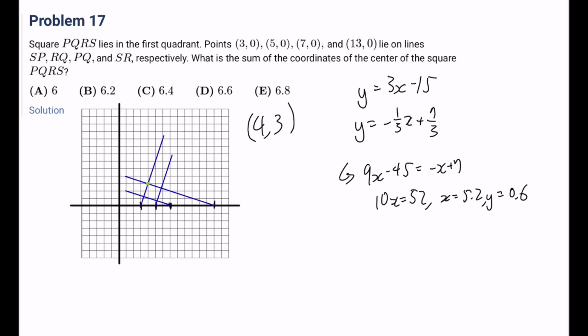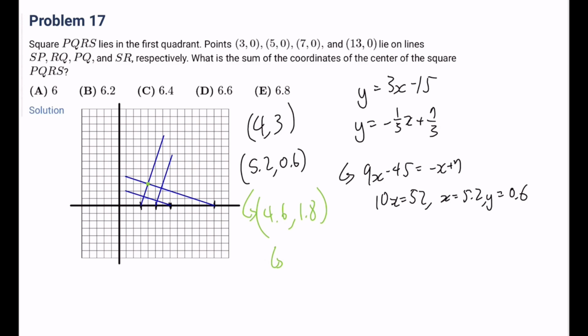So we have x equals 5.2 and y equals 0.6. So that's going to be that point, (5.2, 0.6). And so we want to find the midpoint of these now. So the midpoint is going to be these two added divided by 2. That's going to be 4.6, comma, and then these two added divided by 2. That's going to be 1.8.